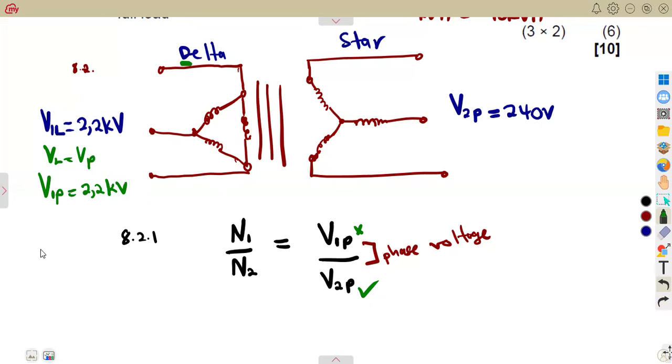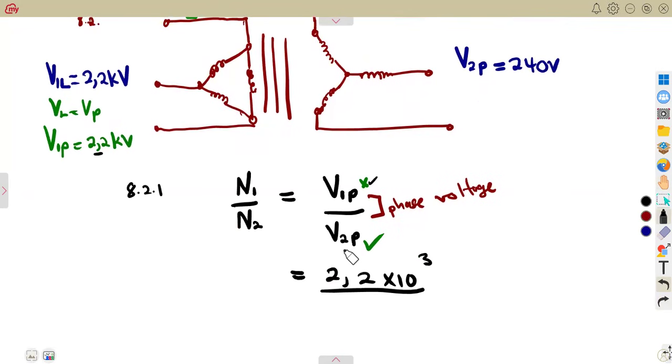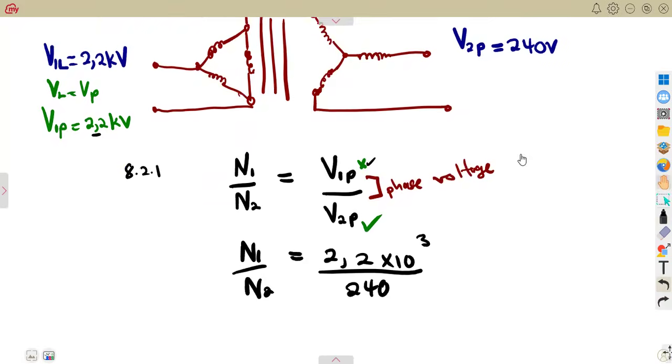If it was a star, we would consider something else. This is a delta, so the voltages are the same. So we take the voltage as it is: 2.2 times 10 to the exponent of 3 over the phase voltage of the secondary side, which is 240. This gives us the turns ratio, N1 to N2.